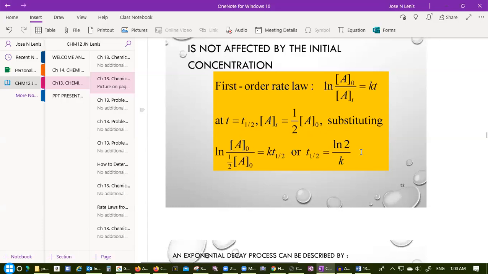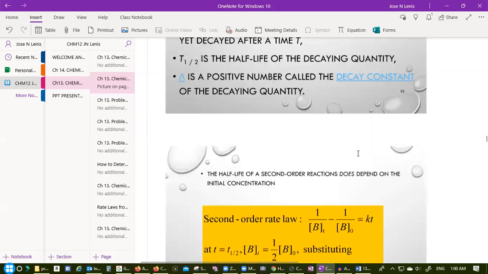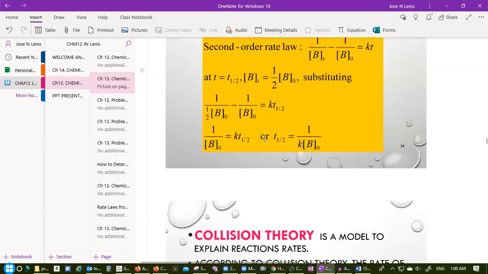Or you can find the half-life of a second order reaction, which is this one. Look at the shape. And here is the demonstration, similar to what I just did. That is the half-life of second order reaction.